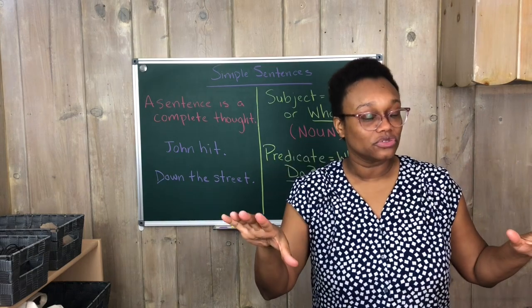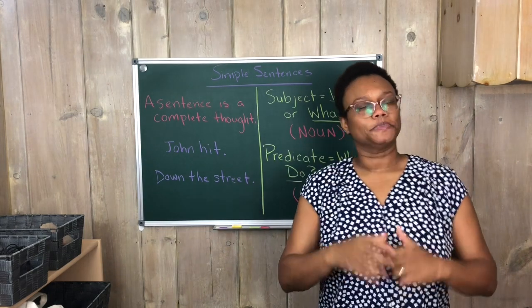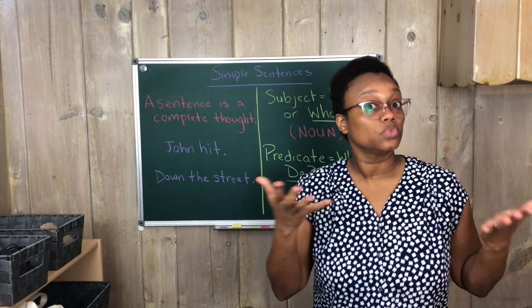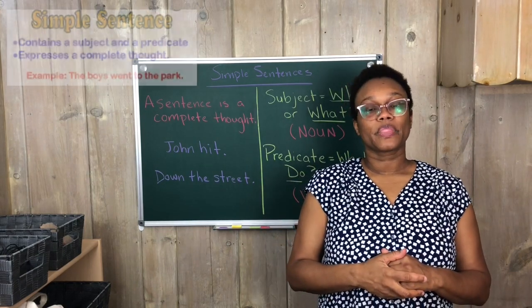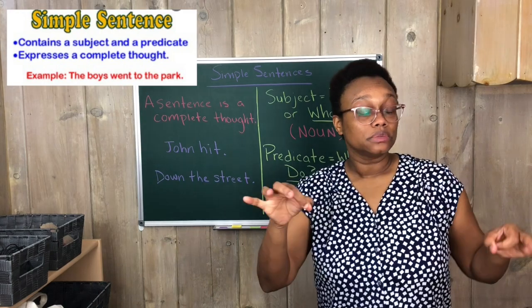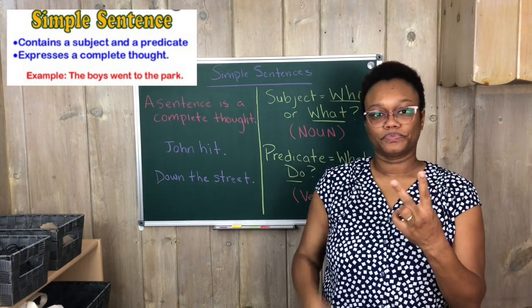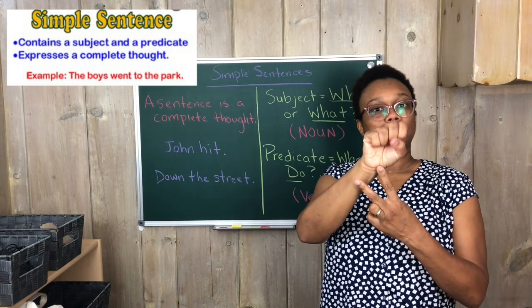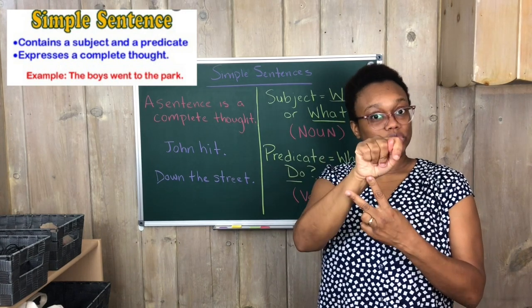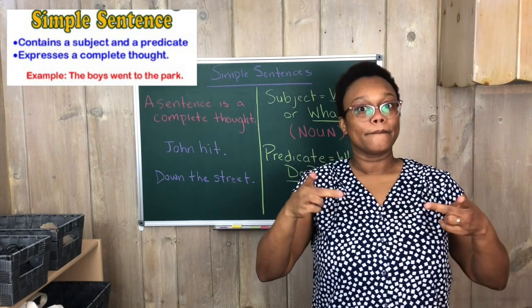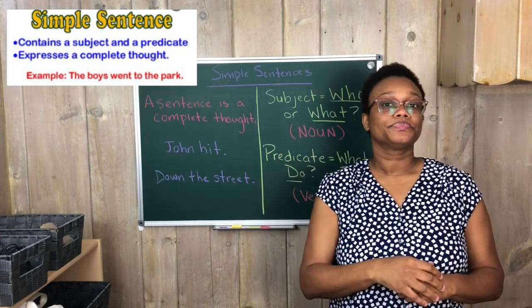Now, before we finish up, I just want to review quickly what we learned. Simple sentences must have 2 things. 1, the subject, which is a noun. It's the person, place, thing, or idea.